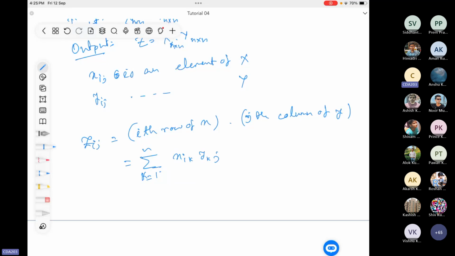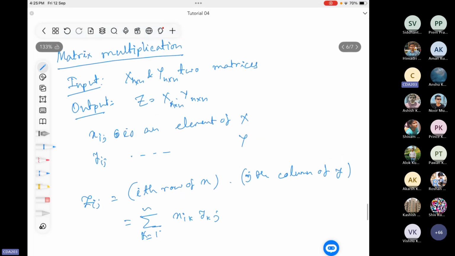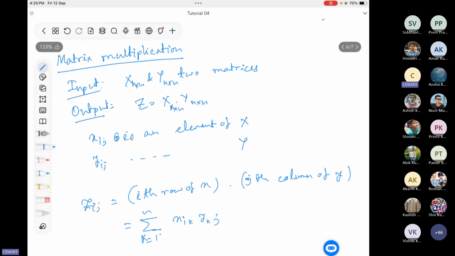Okay. So what is the size of the input in this problem? How many inputs are here?